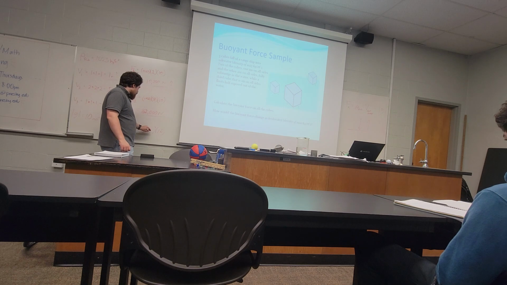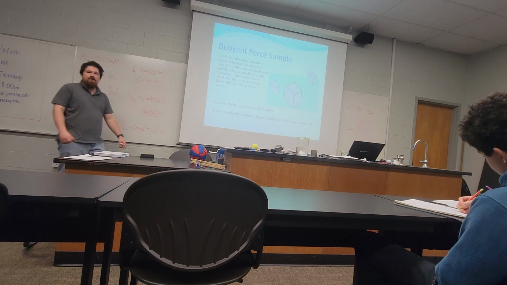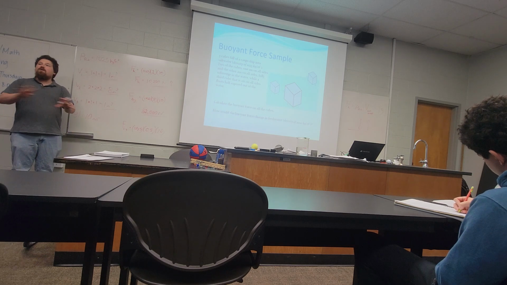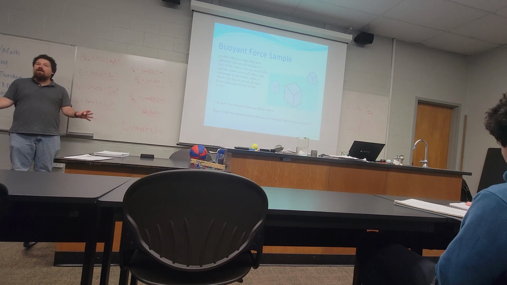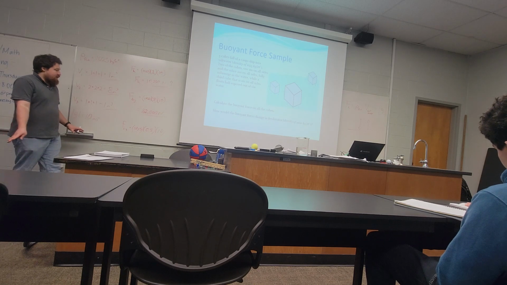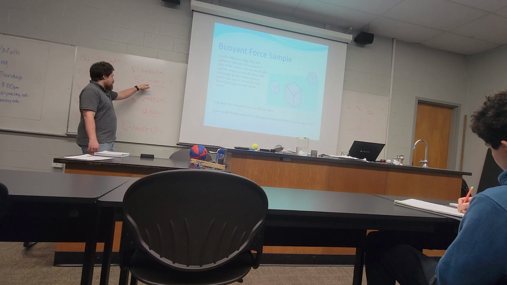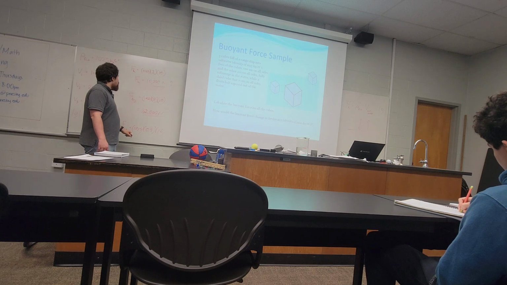So you wouldn't plug in the cube's entire volume, you only plug in the half of it that is under the water, because that is the only part of it that is currently generating any buoyant force. And as a result, that cube should have half the buoyant force acting on it. So 5,125.